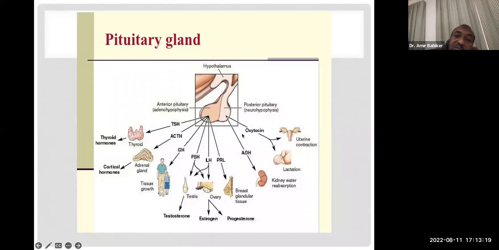And we have the ADH, primarily produced in the hypothalamus, and also the oxytocin, stored in the posterior pituitary, then secreted at appropriate times to control water homeostasis, or during pregnancy, delivery, or lactation.